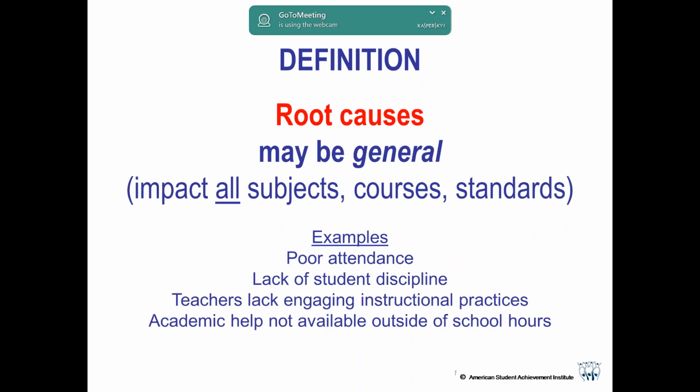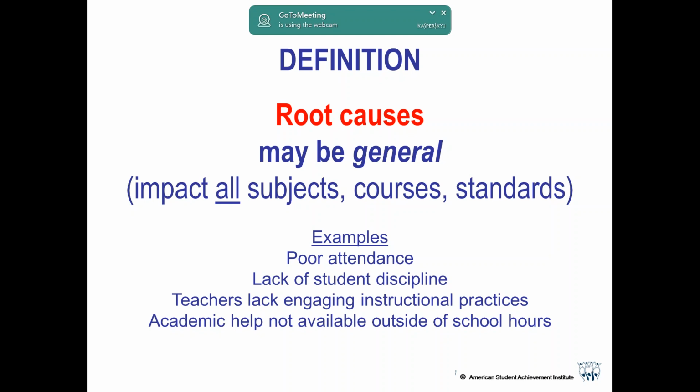So a couple other things, and this is really key. Root causes may be general. When we talk about a general root cause, what we mean is that this root cause is impacting all subjects, all courses, all standards. So an example might be poor attendance. If students have poor attendance, that's going to impact them in all of their courses.